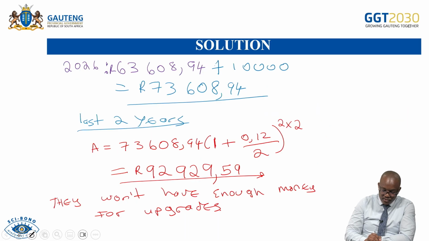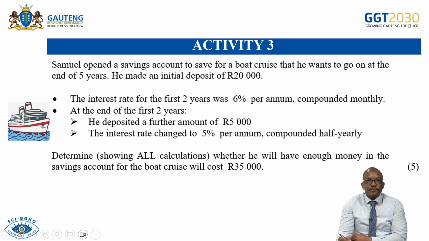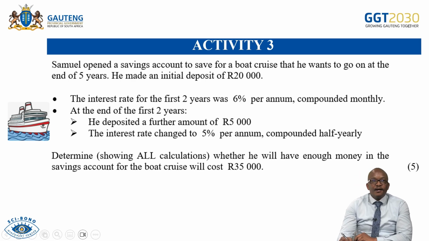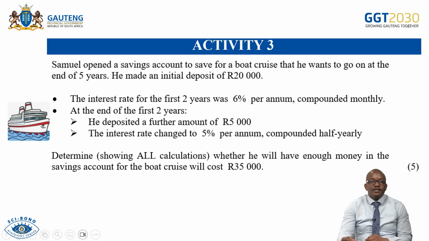Okay? So now, let's move to our activity 3. So in activity 3, we still have to read the scenario, analyze it, and use our timeline. It's helpful for us to deal with it in this manner. So they're saying Samuel opened a savings account to save for a boat cruise that he wants to go on at the end of 5 years, correct?